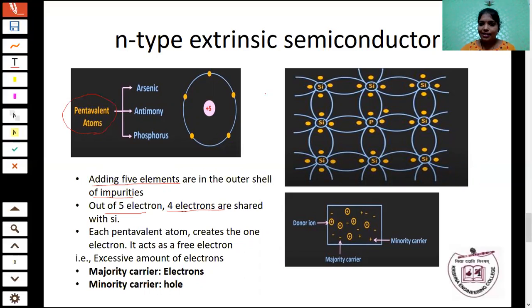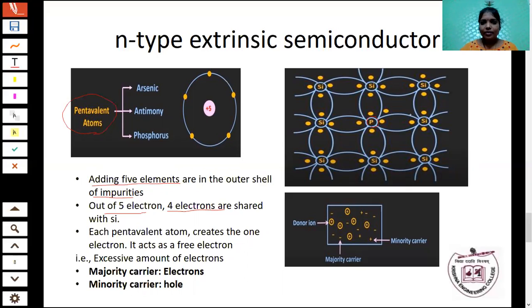Here you consider this crystal structure. In this crystal structure, I am considering phosphorus impurity atoms. This phosphorus has 5 valence electrons in the outermost shell. What we are going to do is add this phosphorus impurity to the silicon material.